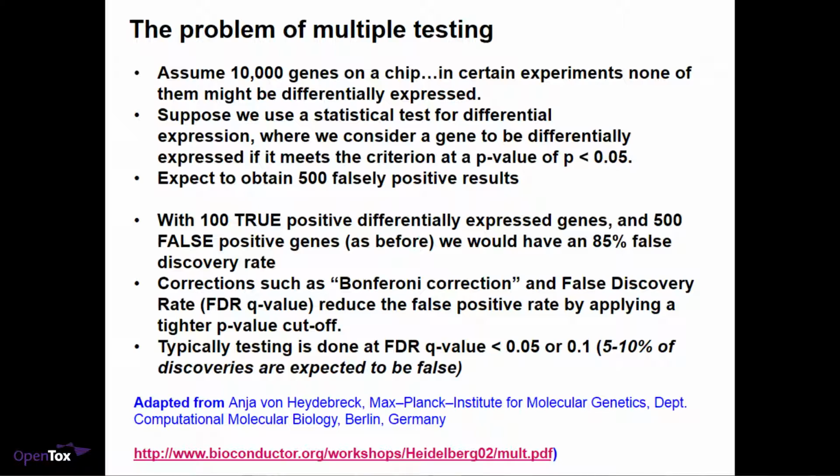So in that case, we would have 85% false discovery rate, which I think most people would agree is unacceptable from a scientific point of view. So some of the corrections that have to be applied to this data include the false discovery rate correction and the Q value test.